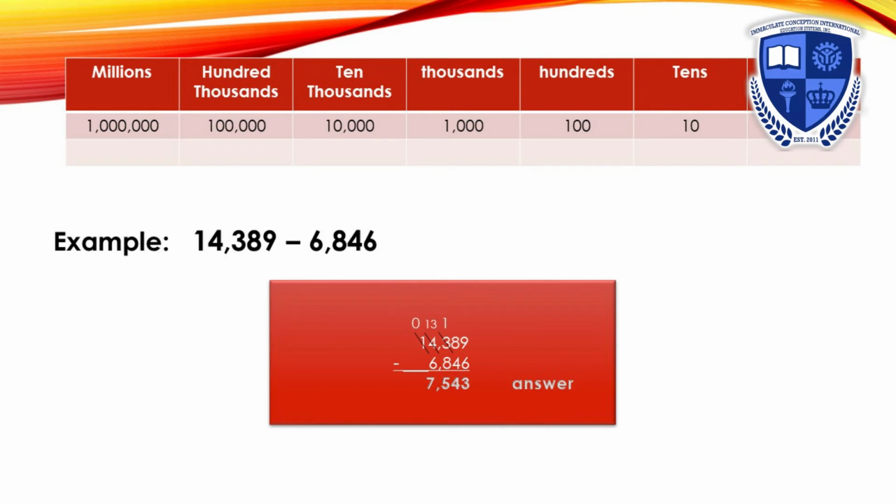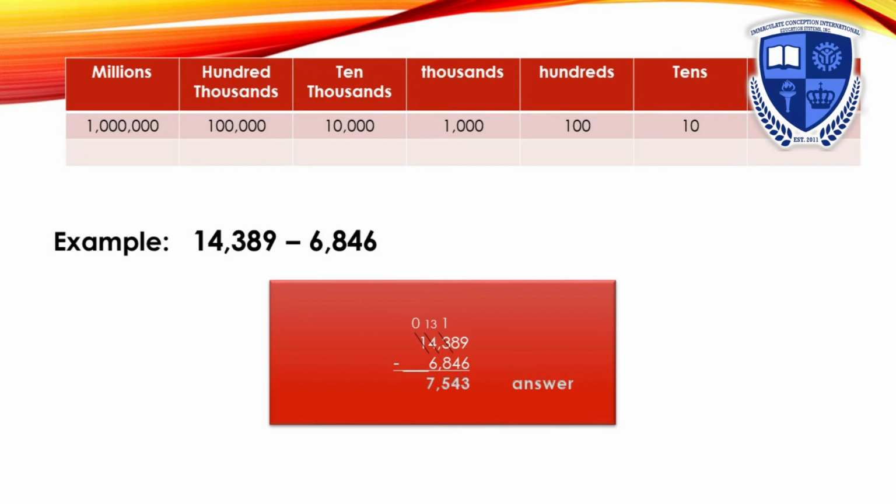Now, the next column, we have 3 minus 8. We can't take away 8 from 3, so we have to borrow from the 4. So we change the 4 to a 3 and then add 10 to the 3, which will give us 13. So now, for this column, we have 13 minus 8, that is 5.